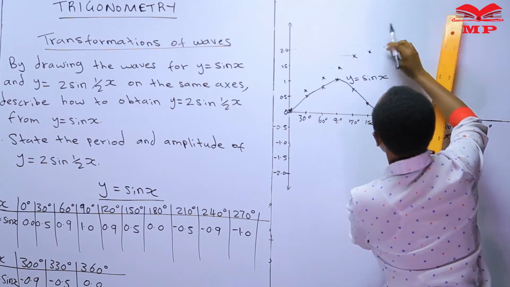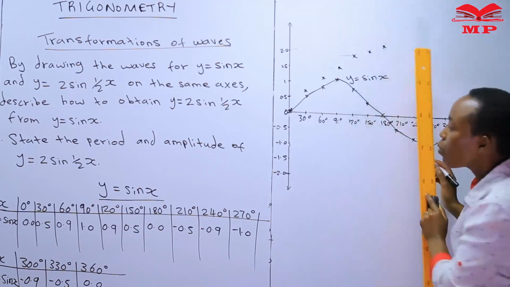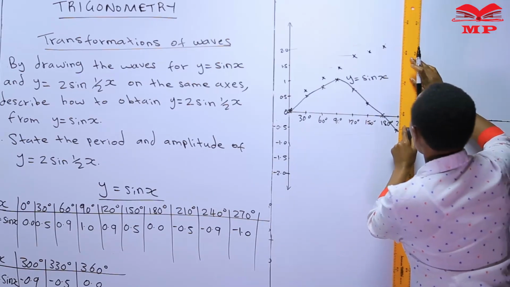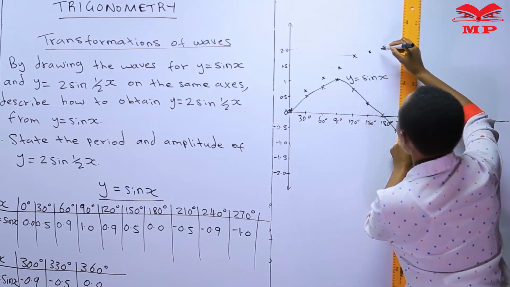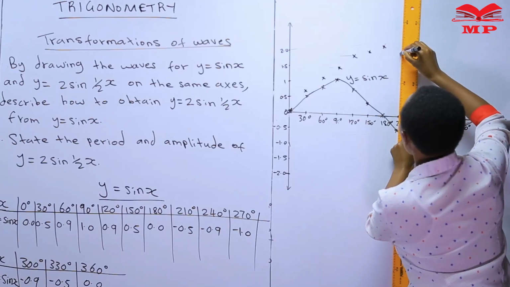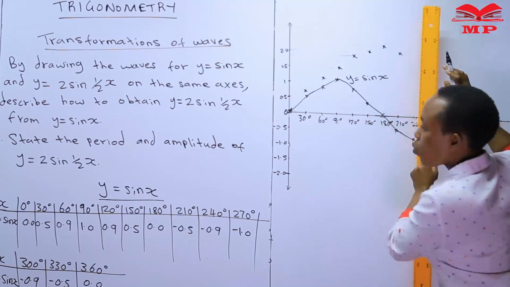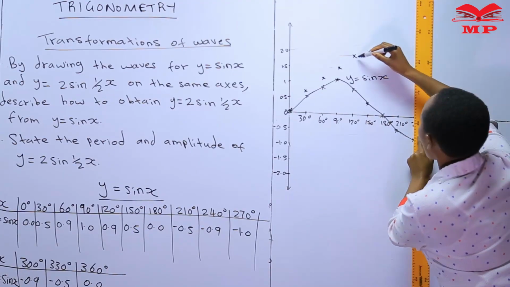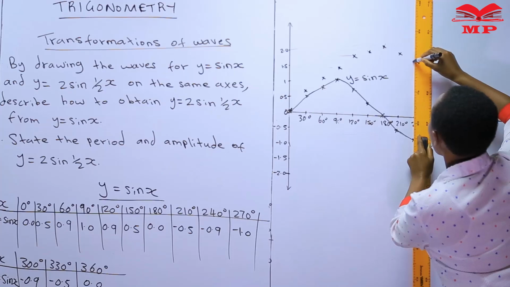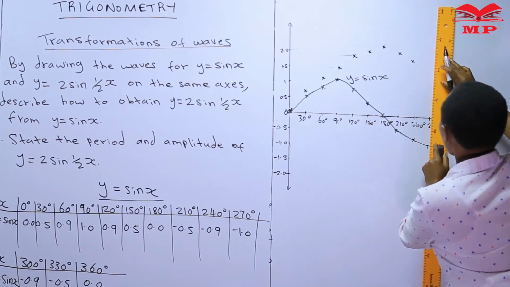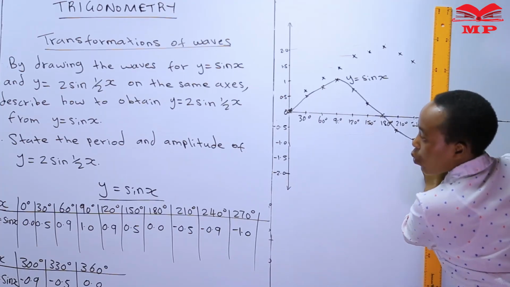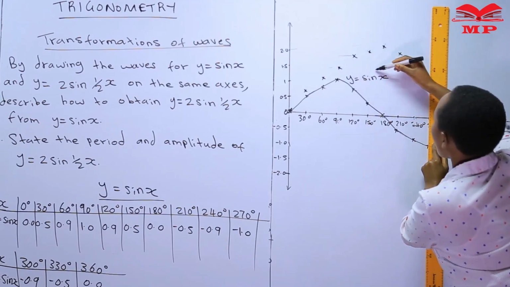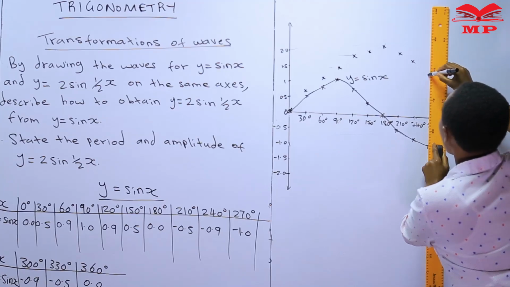So at 2, at this point here. Then we have 210, which is 1.93, at that point. We have 240, 1.8, and our 1.8 is here. Then we have 270, which is 1.41, which is here.